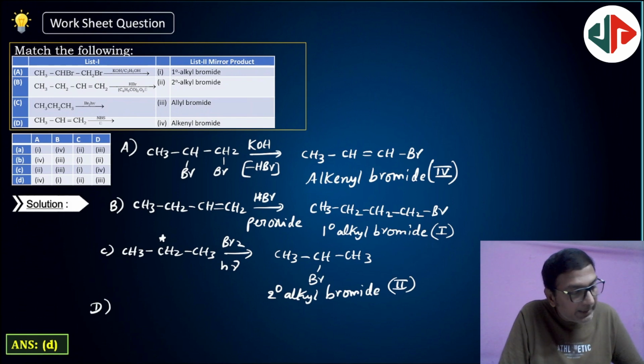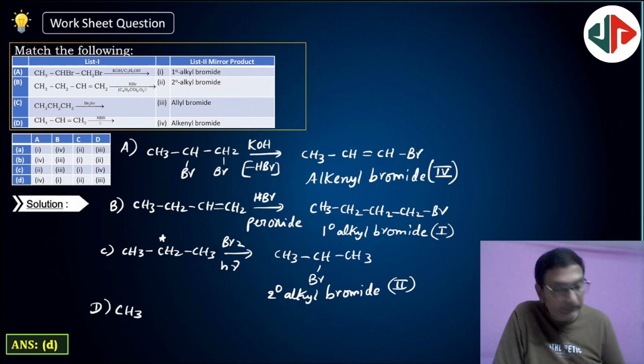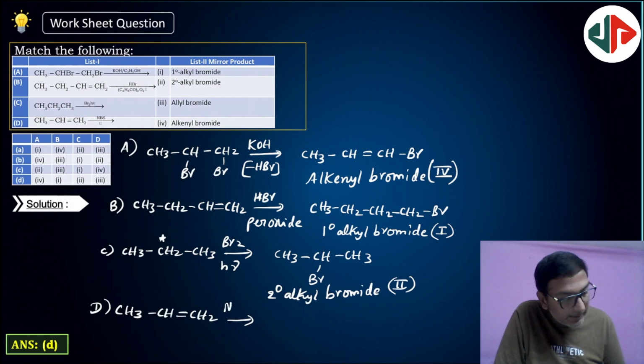Next, last D, propene. Propene with NBS. NBS is a selective reagent for allylic and benzylic bromination.